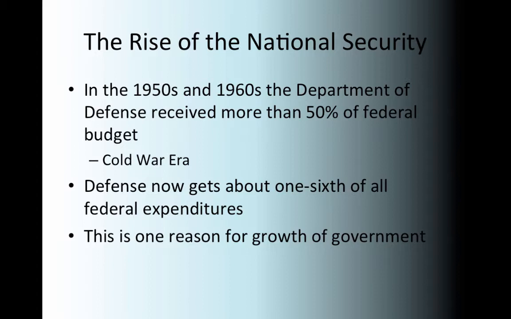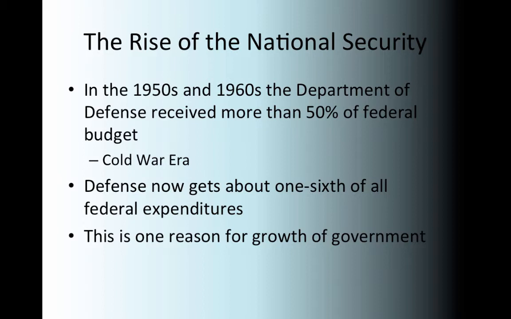Starting in the early 90s, so 1991, after the Soviet Union had collapsed, we see that defense spending diminishes, but there definitely have been ebbs and flows since that time as well. Defense currently gets about 1/6 of all federal expenditures, and this is one reason for the growth of our government.